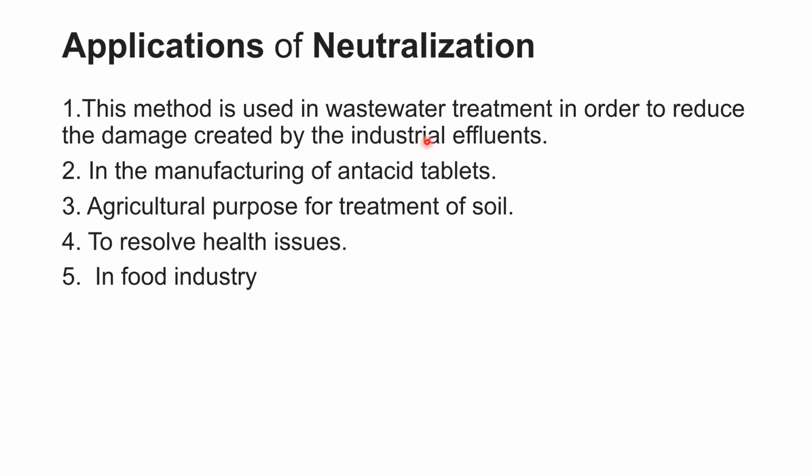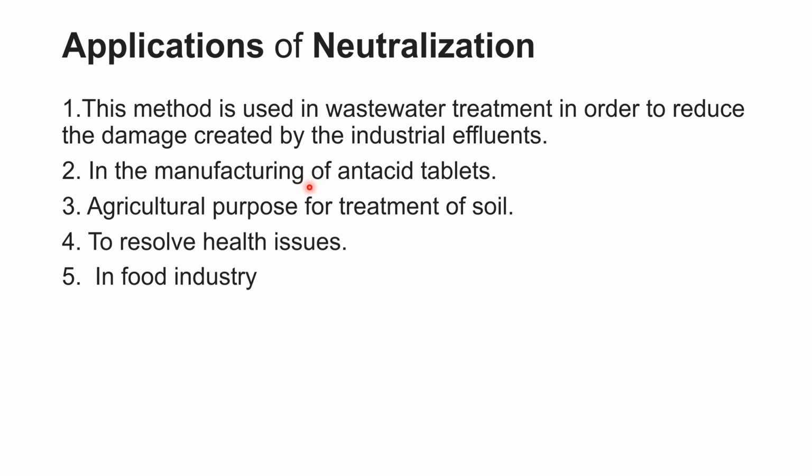Before discarding this water into the outside, where it can mix with the fresh water, it has to be treated for its pH. So the effluents are neutralized with the treatment of acid or bases, depending on what kind of effluents we are releasing in our streams, rivers and oceans.